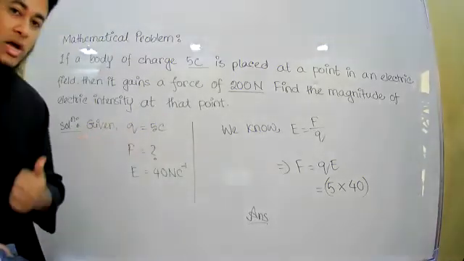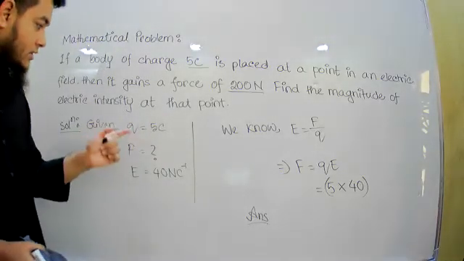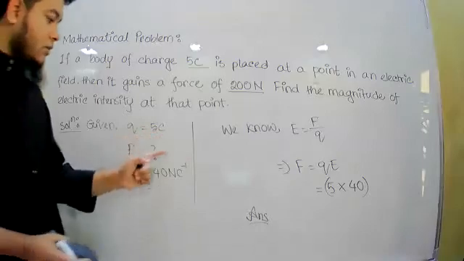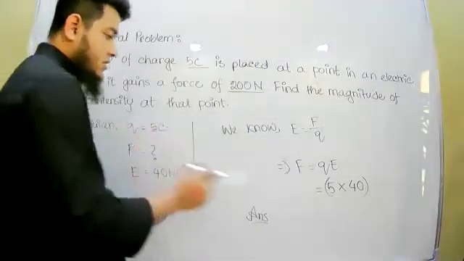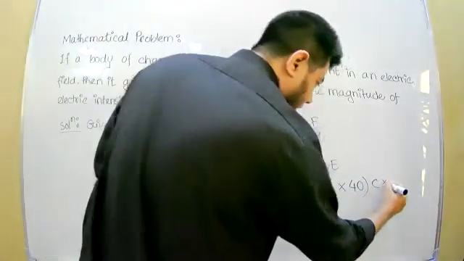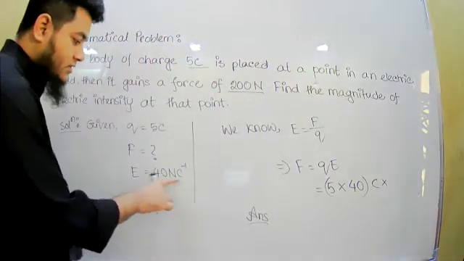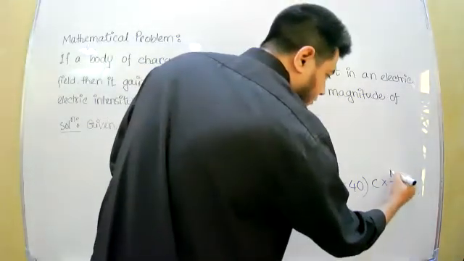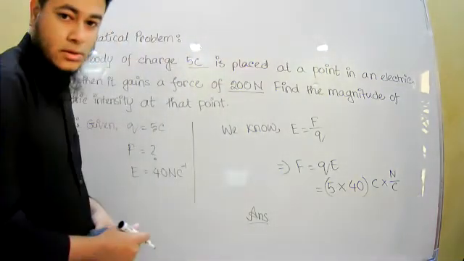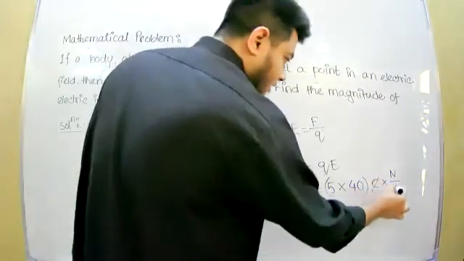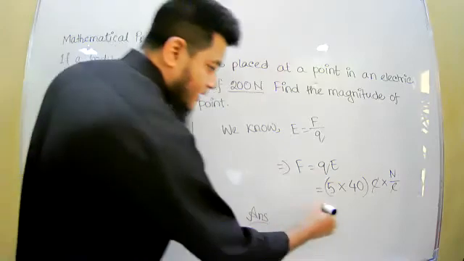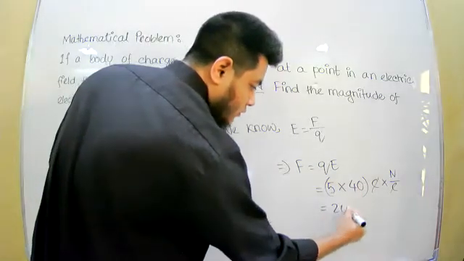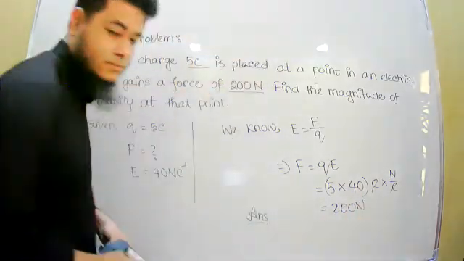It should be Newton, but how will it come Newton? See, charge has a unit of Coulomb, right? Into 40, this is Newton per Coulomb. Newton per Coulomb means Newton by Coulomb. So it is very clear, right? C and C will get cancelled and there will be only 200 Newton. Understood?